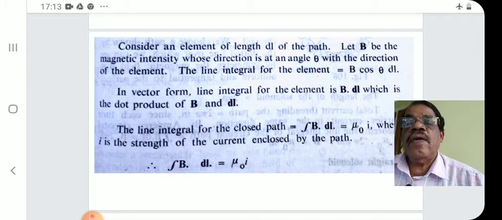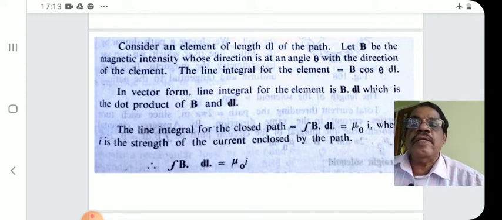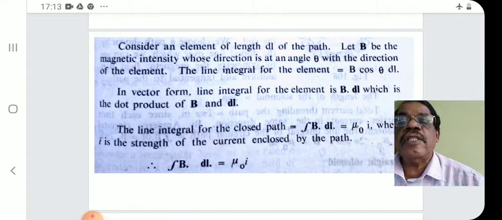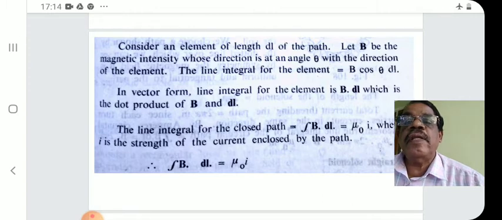The line integral for the element is B cos theta dl. That is B dot dl. You know, A dot B is A B cos theta. So here B cos theta dl can be written as B dot dl. In vector form, the line integral for the element is B dot dl. B and dl are vectors, which is the dot product of B and dl vectors.